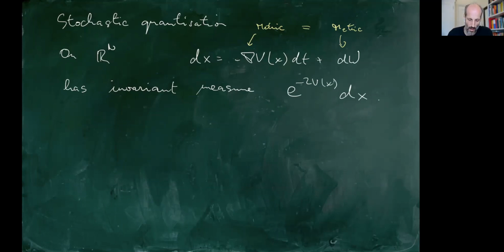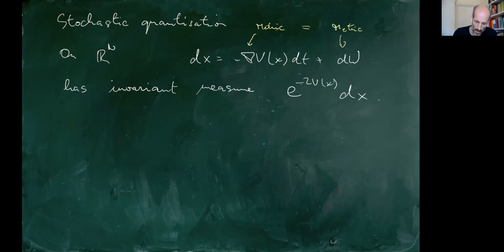So in our case, you would want to take for V the Yang-Mills functional, and we want to take for X our connection. And so we want to write down some kind of an SPDE for these connections.